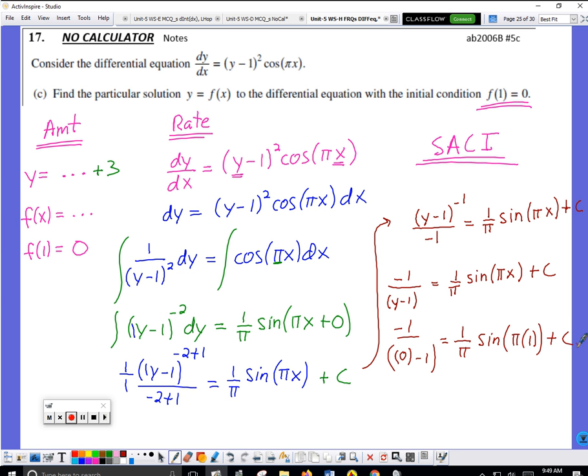Let me copy this so I can keep working. Okay, get rid of all this. That's not what I wanted. Get rid of this.